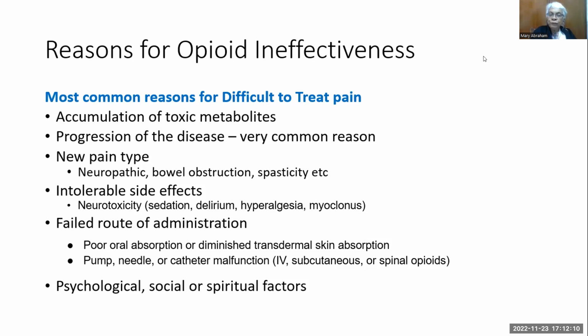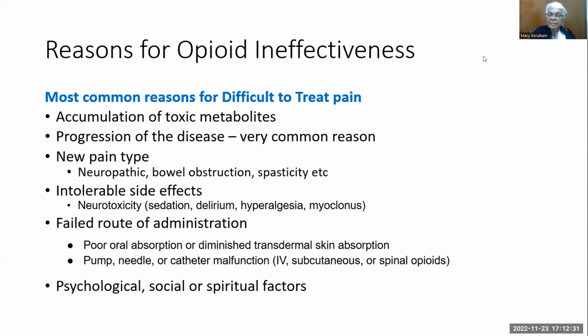Or is the route of administration that you're giving not effective? That is called a failed route. For example, is there poor oral absorption? In intestinal obstruction, there could be a failure in absorption of the drug. Or if you're giving a patch, is there diminished transdermal skin absorption?